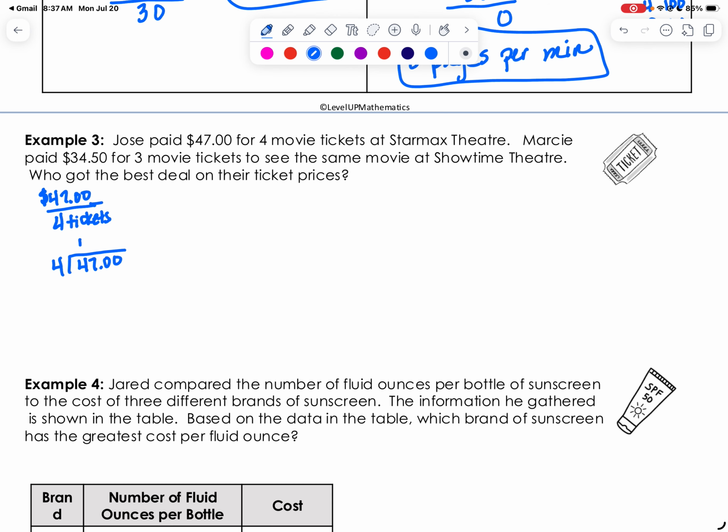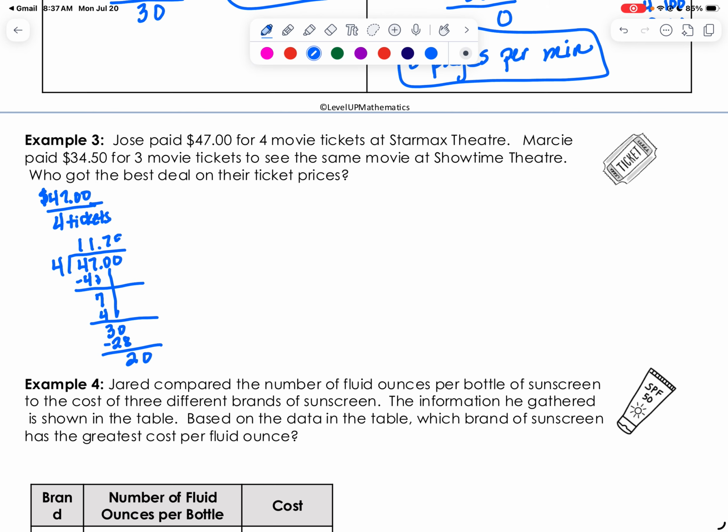So to find the price per ticket, I'm going to see how many times 4 will go into 47. So 4 will go into 4 one time, multiply. Now subtract and bring down. 4 goes into 7 one time. That'd be 4. Subtract and bring down. Put a decimal there. 4 goes into 30 7 times. 7 times 4 is 28. Subtract and bring down.